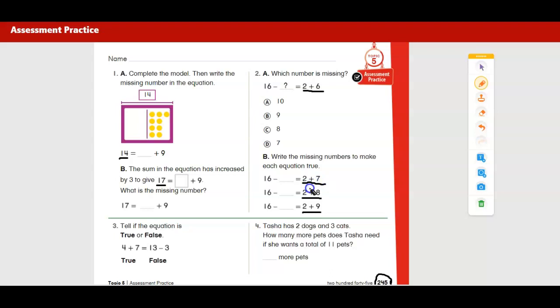Find out what your answer is. So find out what is 2 plus 7. Get your answer. And then say 16 minus what number would give me the same answer I got here. So solve for your equation, find your answer, and then say 16 minus what number is going to give me that same answer I got on the other side of the equal sign.